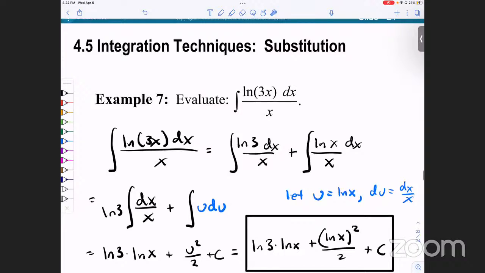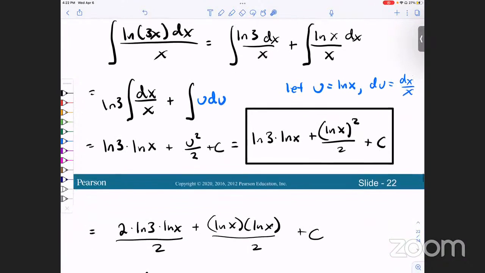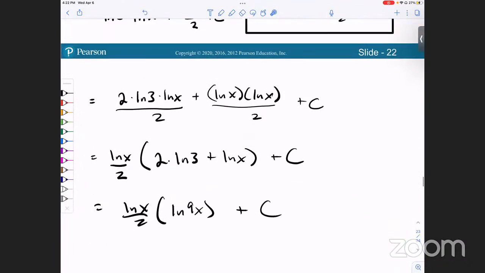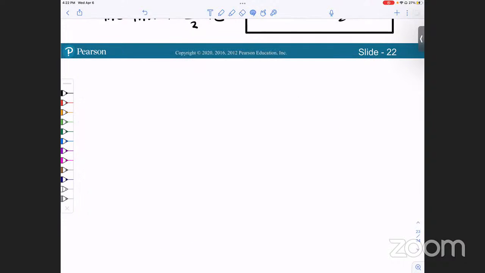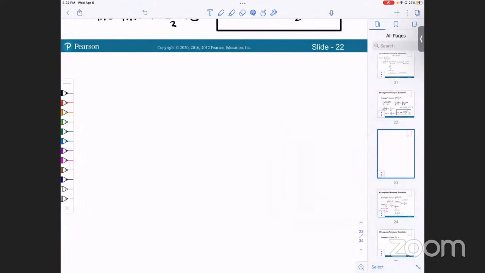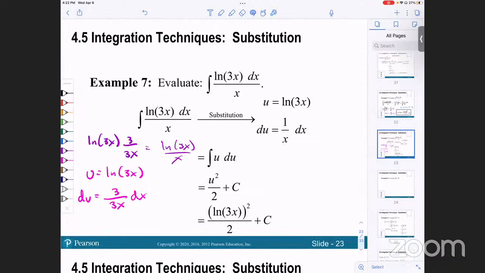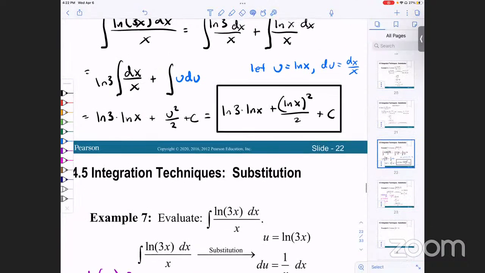Basically, we chose the wrong u, right? So let me just go ahead and do it with that proper u. And I think I'm just going to abandon this. That's where I just make those kind of mistakes, but that's okay.